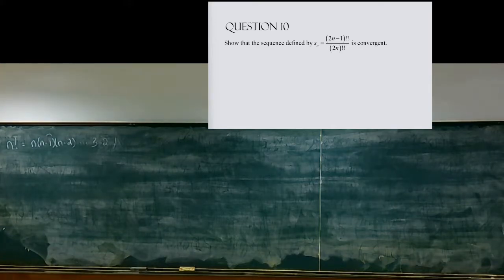So n factorial, n times n minus 1 times n minus 2 times n minus 3, so on. So 5 factorial would be 5 times 4 times 3 times 2 times 1. That is known as double factorial.